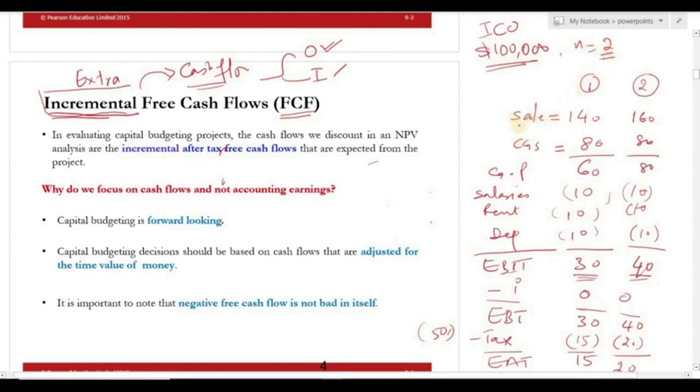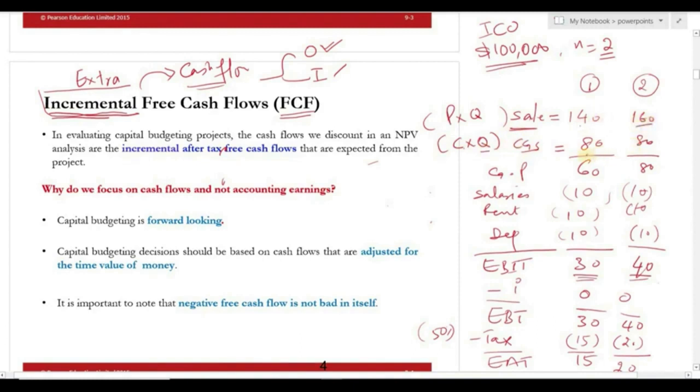When a project is initiated in a company, it will affect sales; it can increase the quantity or the production. After that we have the cost, CGS. How can we calculate the CGS? Cost per unit multiplied by quantity will be equal to CGS. So sales are 140 in the first year, and in the second year 160.